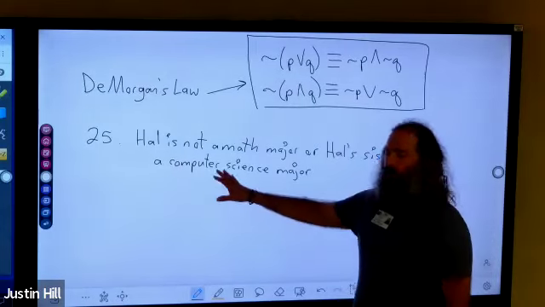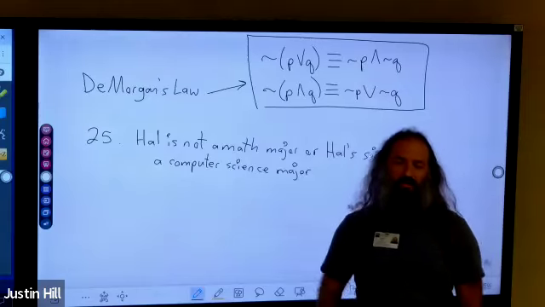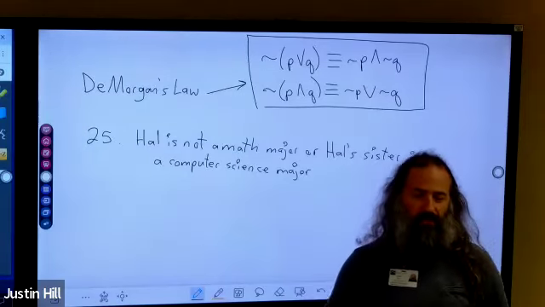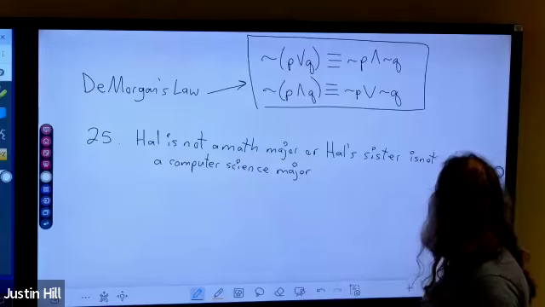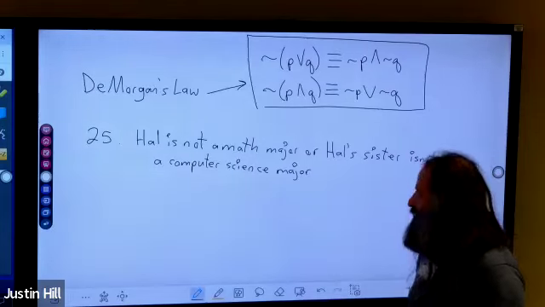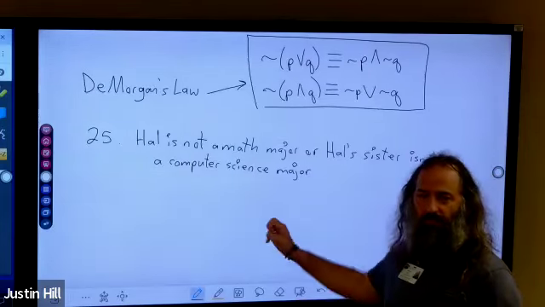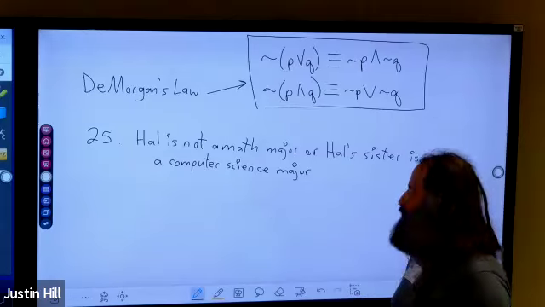So her naming this person Hal is actually pretty hilarious, Hal not being a math major and his sister not being a science major. So there's a nice little Easter egg, a nice little callback there. That's pretty cool that she did.